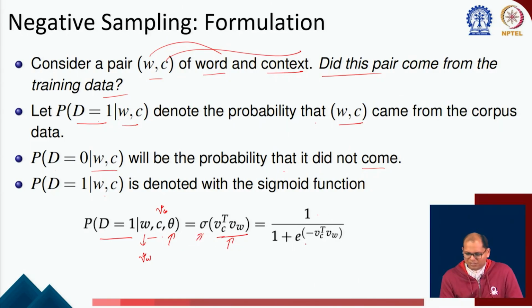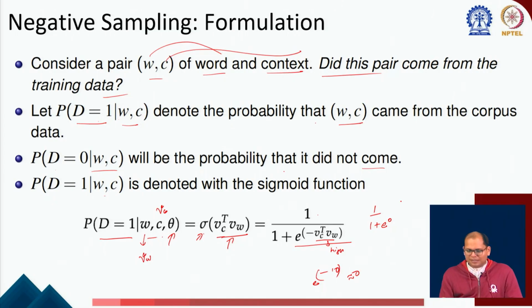So this is 1 upon 1 plus exponent minus V_C transpose V_W. You can see what is happening in the sigmoid. If the similarity is high, this is a high minus, say something like minus 10, and e to the minus 10 becomes close to 0, so 1 upon 1 plus 0 becomes close to 1. And if the similarity is very low, then this will be 1 upon 1 plus e to the 0, so this will become a small value.